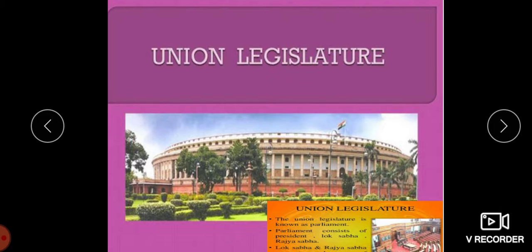But now Jammu and Kashmir also comes under the Indian territory. Next, thirdly, the flexibility of the Constitution. The Constitution of India is rather flexible.